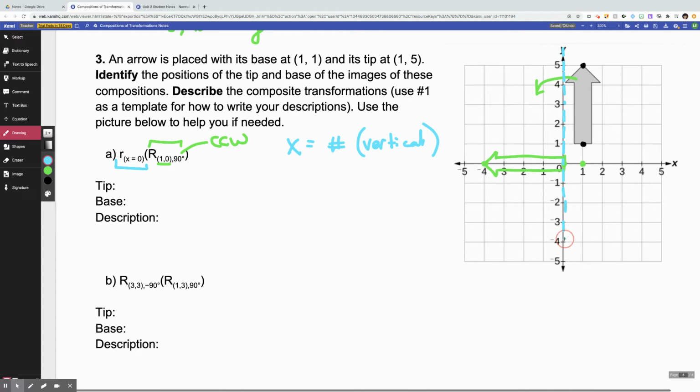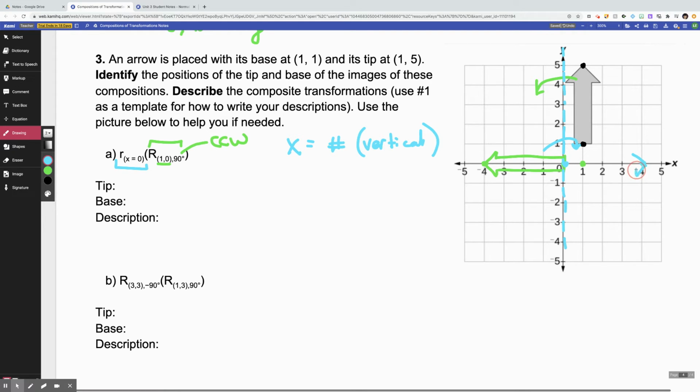Okay, so I'm going to take this green arrow and flip it over the y-axis. So this point here, the one on the base, is going to stay the same, but this point here at the tip is going to move all the way over here, right? Notice that I'm keeping the distance the same between the original and the new point.